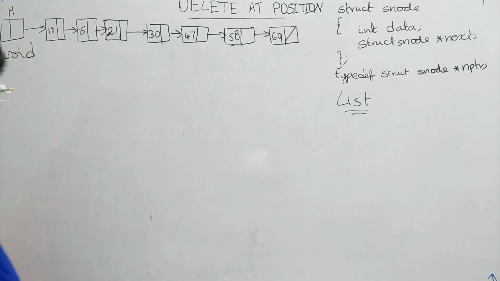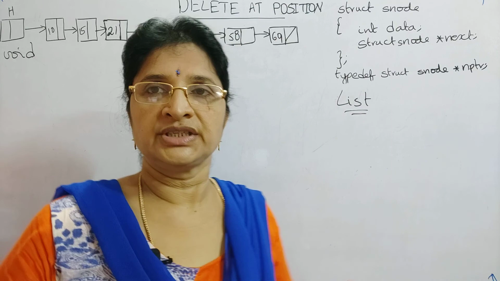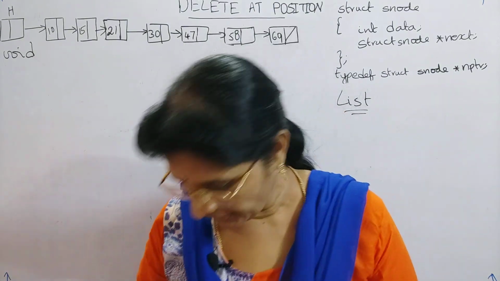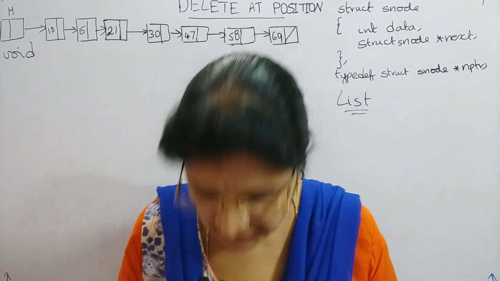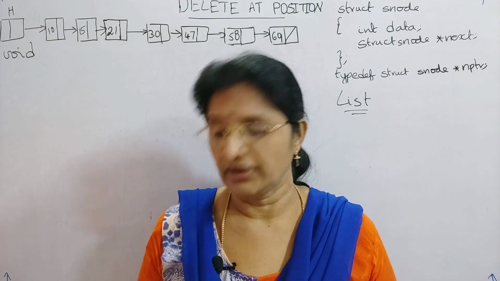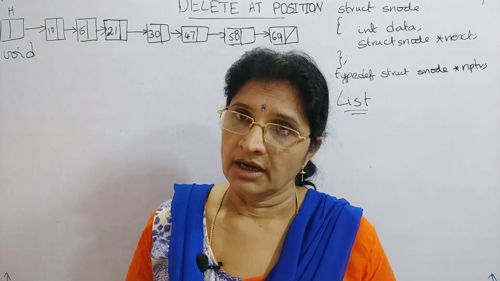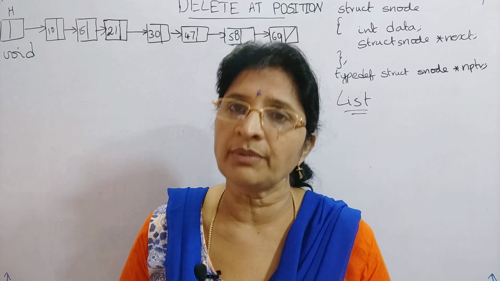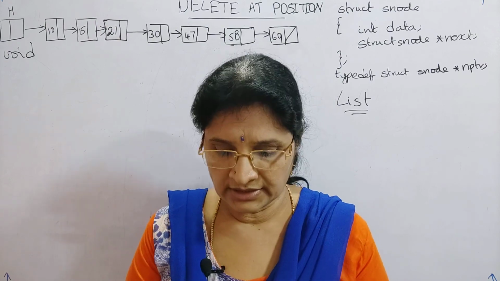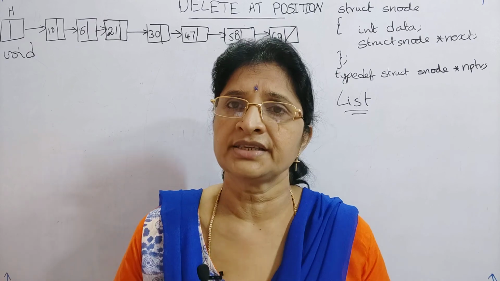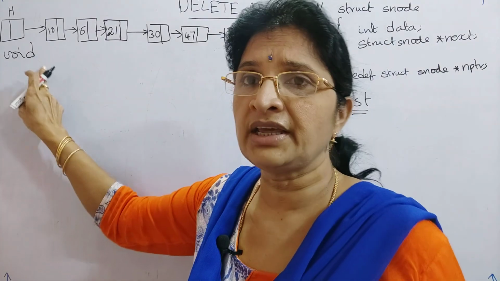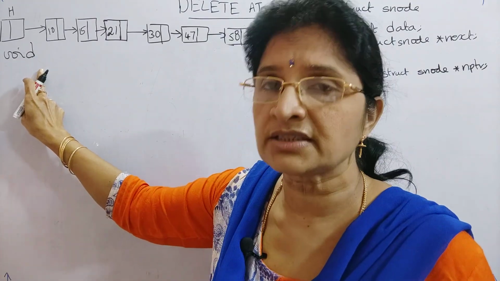Whatever has been deleted, that information I am going to print in this function itself. So that's why here we don't have any return type, and I have written it as void.